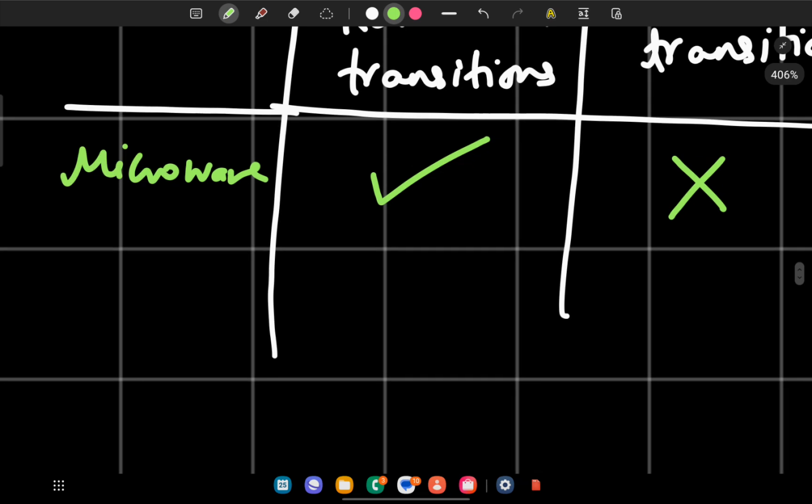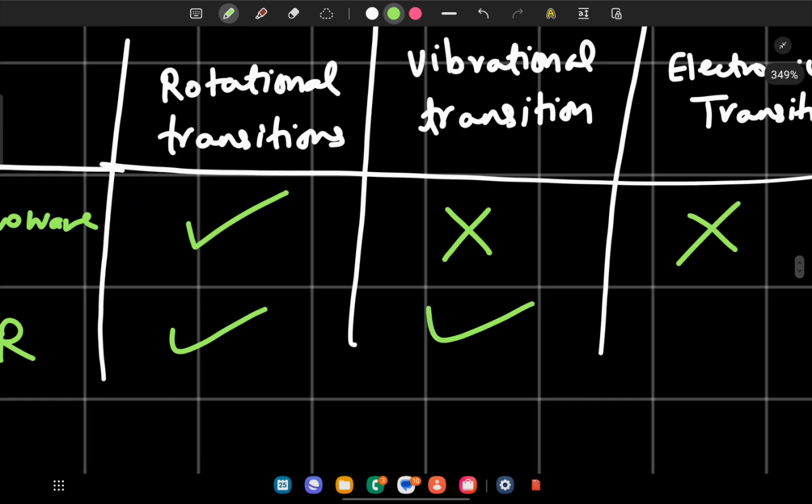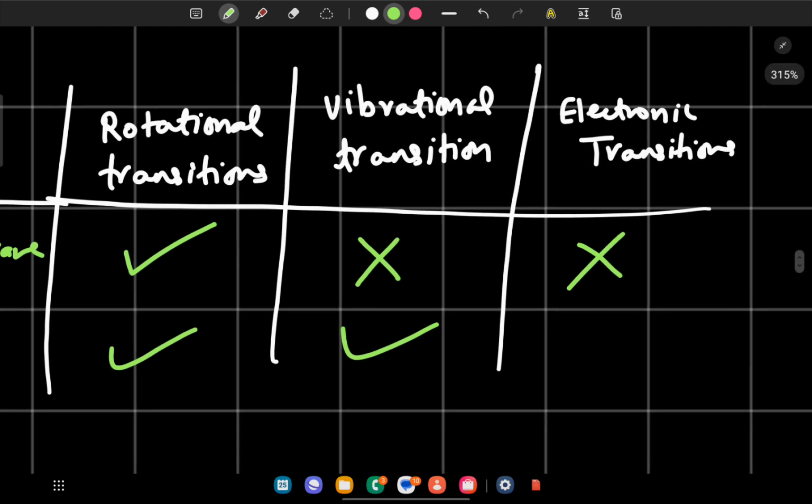Secondly, if we apply IR radiation, since IR radiation is of higher energy as compared to microwave radiation, we can still observe our rotational transitions along with our vibrational transitions, but the energy is still not sufficient in order to carry out the electronic transition.